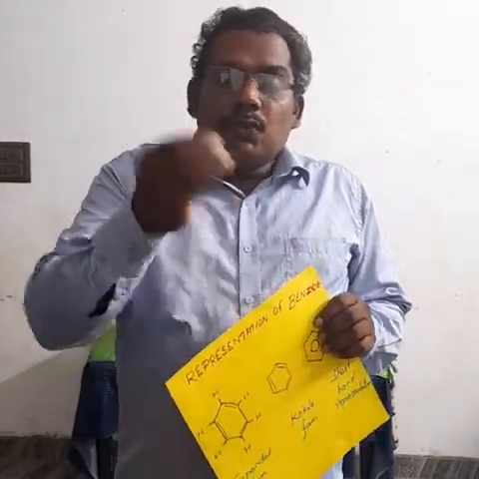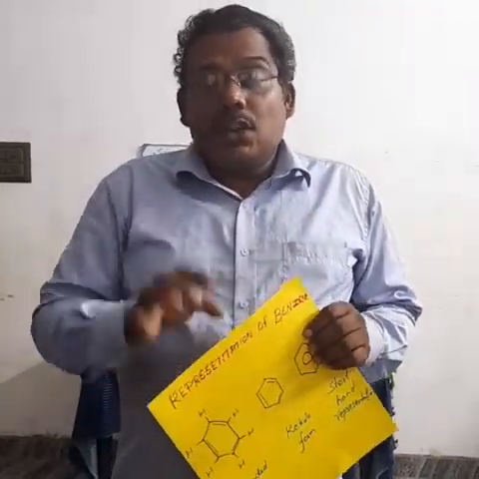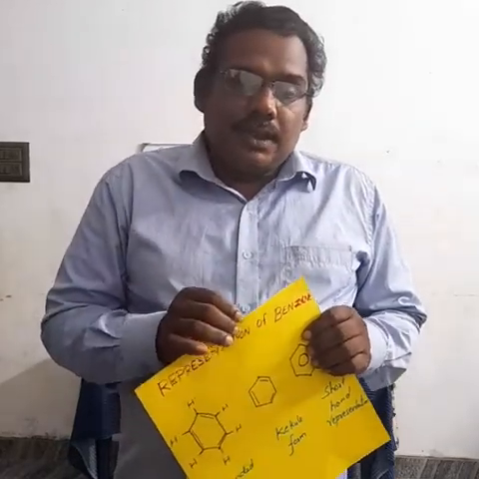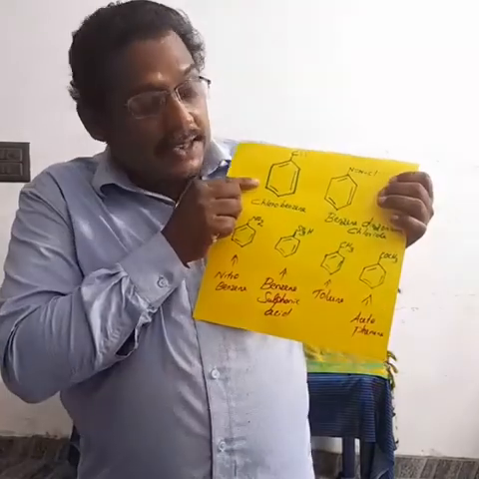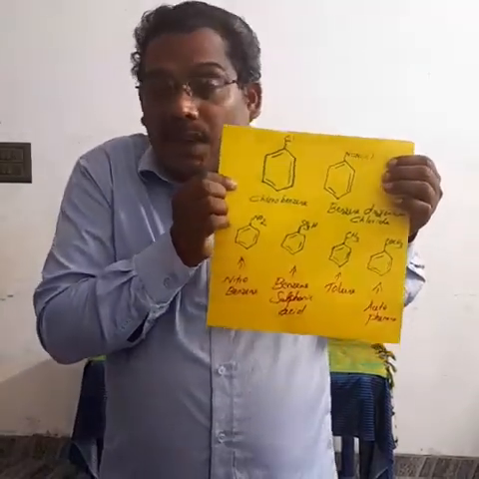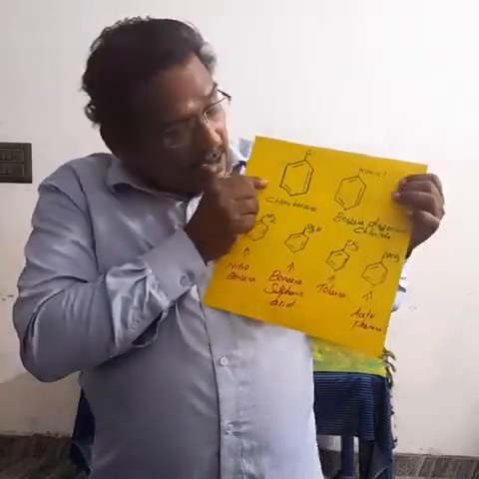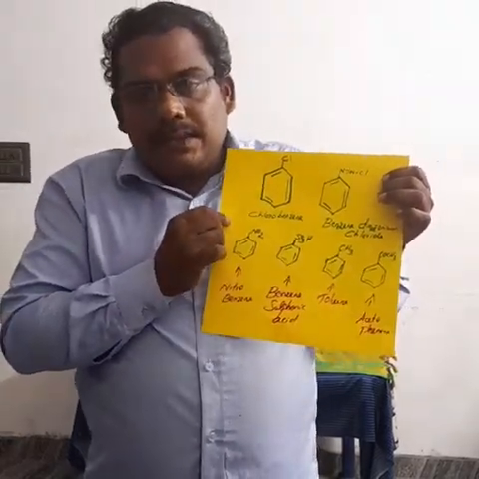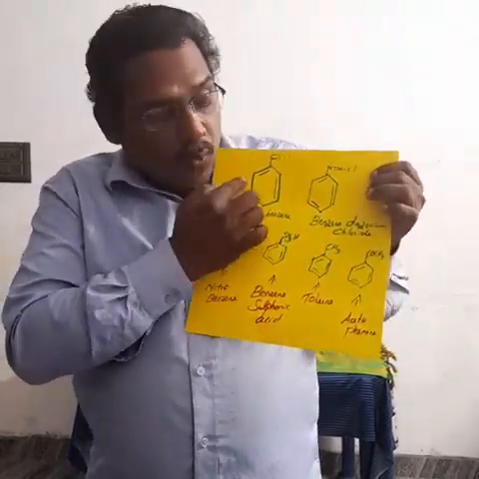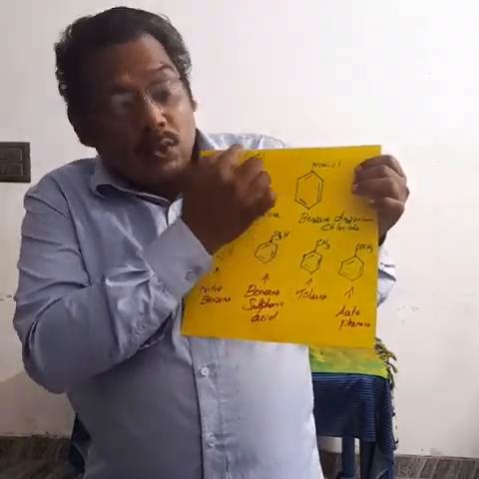Here we have to prepare chlorobenzene. What is the formula for chlorobenzene? C6H5Cl: one benzene ring and also one chlorine atom.